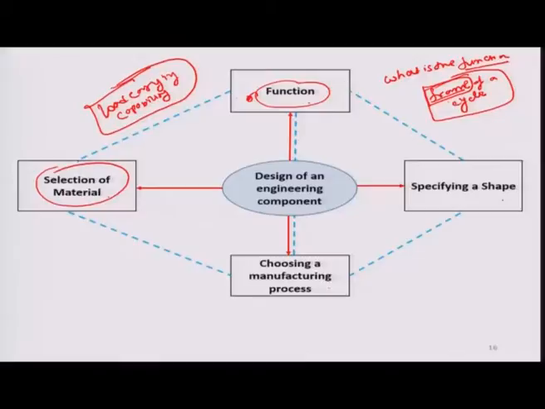So you will have to choose the material accordingly, because not every material can support the load requirement. That means we can say that function influences the selection of material.